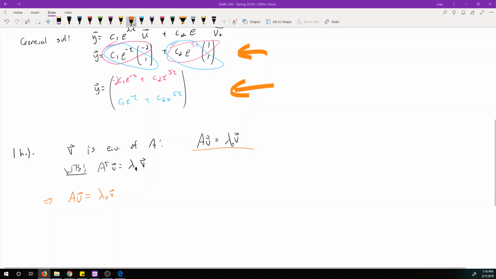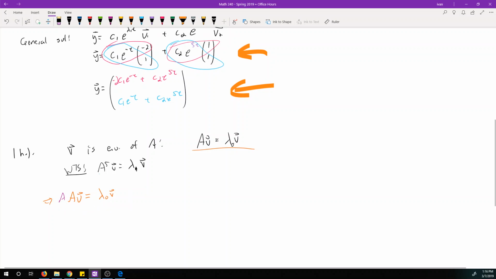So this is what we want to show, right? We want to show that A to the fifth V is equal to some lambda 1 times the same V that we had before. So on this side we have AV, and we need to get to A to the fifth V. What's a good way of doing that? Well, one way you can do it is if we just keep on multiplying A on the left of this equation.